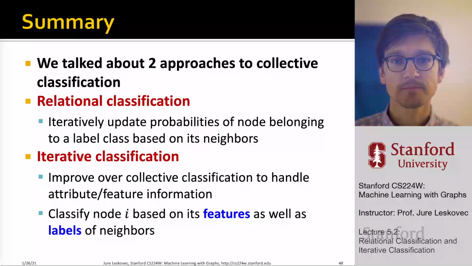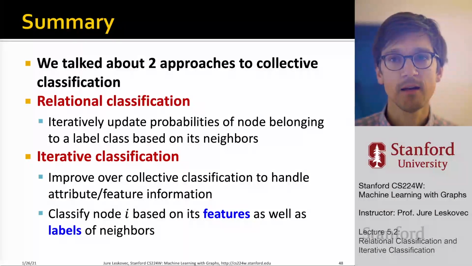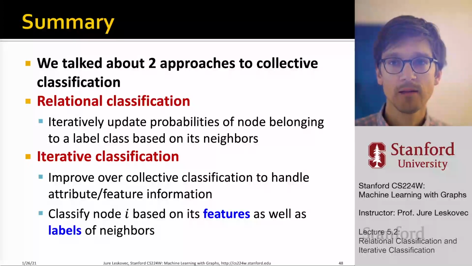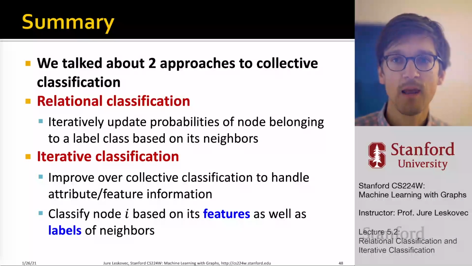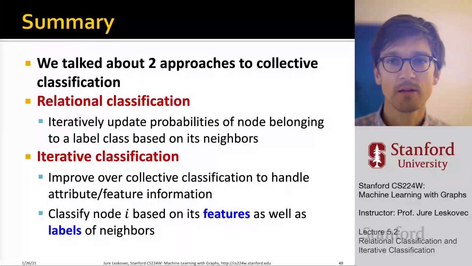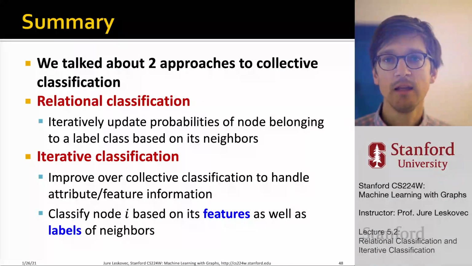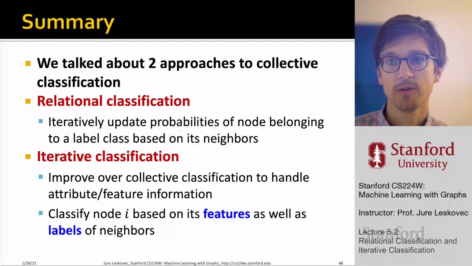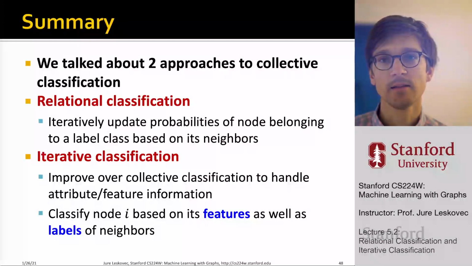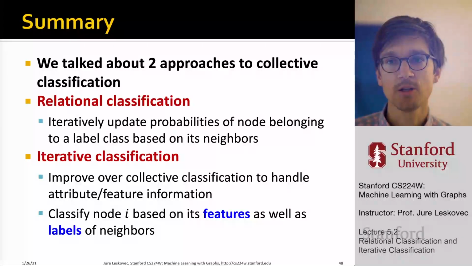And then we can use the classifier phi2 to re-update the prediction on a given node. This classifier phi2 uses both the feature information of the node as well as the summary vector z of the labels of its neighbors. We then keep applying this classifier phi2 over the network until the entire process converges or until the maximum number of iterations is reached.